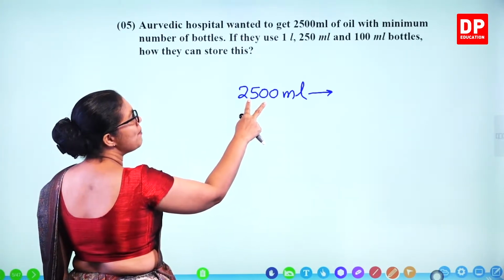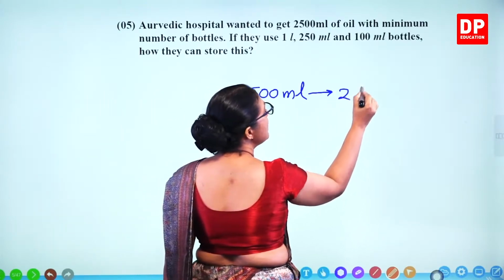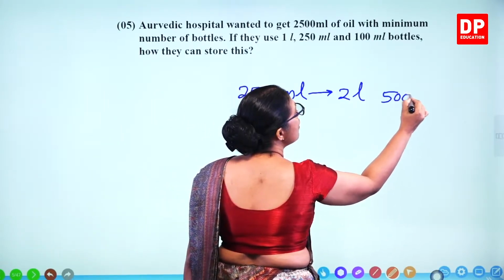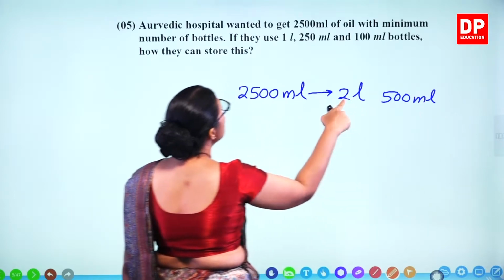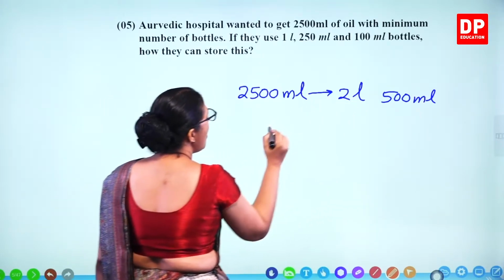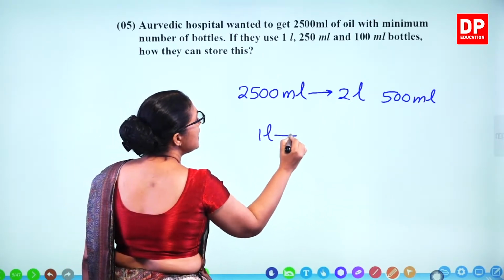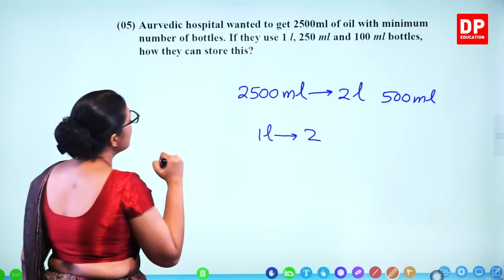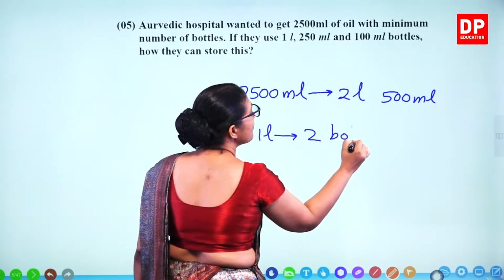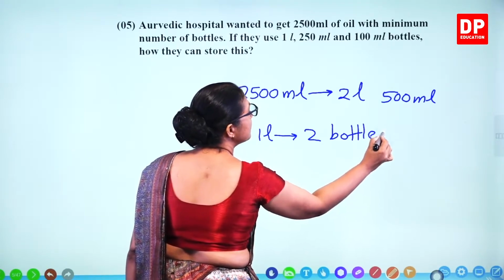When you divide by 1000, you get 2 liters and 500 milliliters. How do you get 2 liters? You need 2 one-liter bottles. Then you get 2 liters.